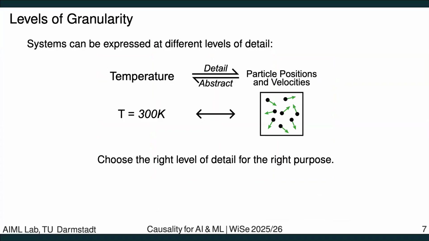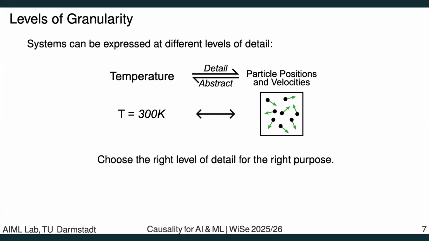And for that, you can also think of a very detailed physical example, right? Where at the lowest level, whenever you say, okay, I have some atoms, molecules, whatever, they're at a certain position, they move with a certain velocity. But maybe for our application, that's all irrelevant.